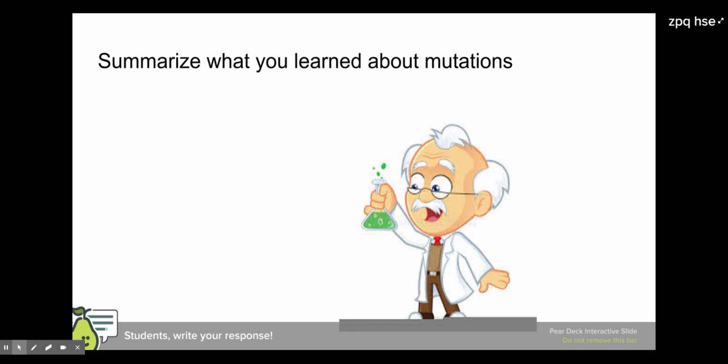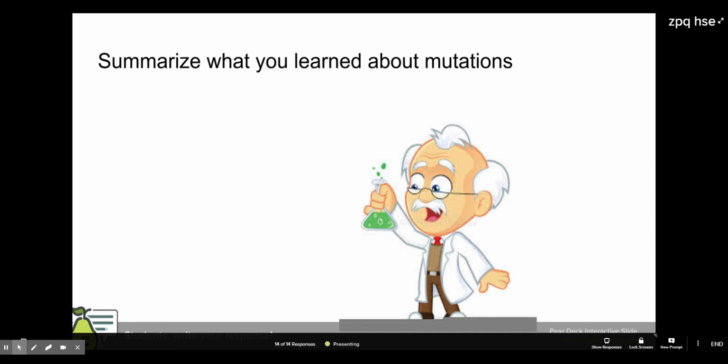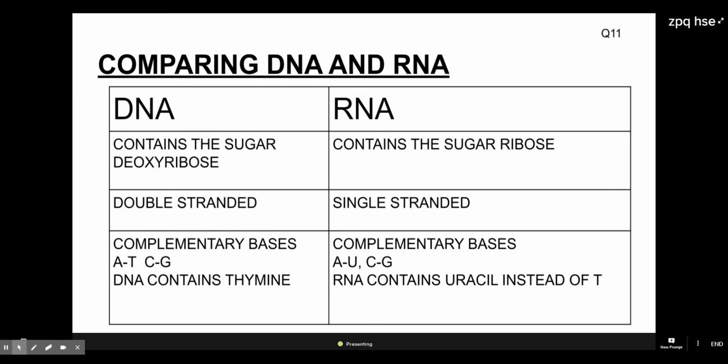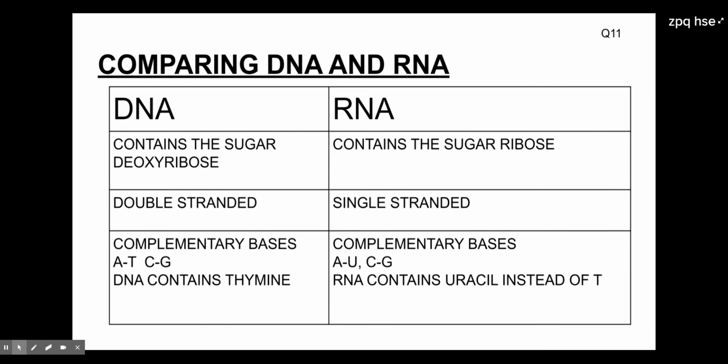All right, so we're going to start filling in the review. I put a little number up in the upper right-hand corner is what question it is. So this is question 11. We're just going to look at the differences between DNA and RNA.